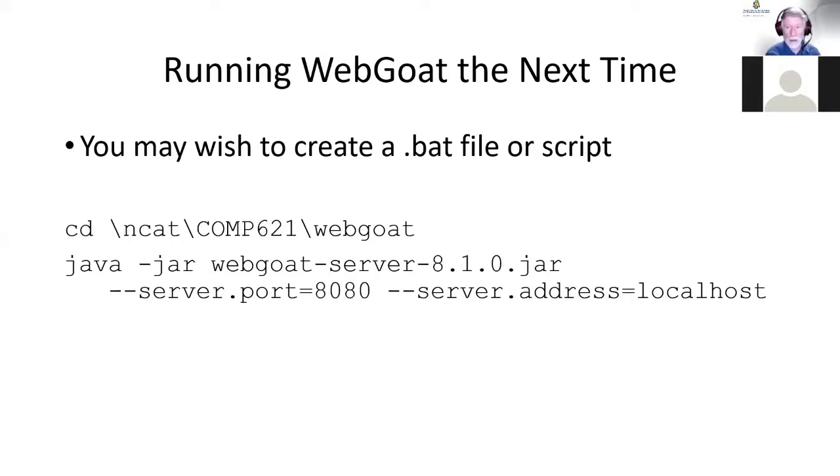I put this bat file on my desktop, so it's easy to find and easy to click, and then it automatically switches to the right directory and runs Java, and that will start it up. I have one for WebGoat and I have one for WebWolf. You want to run WebGoat first and then WebWolf. It seems to just work a lot better that way.